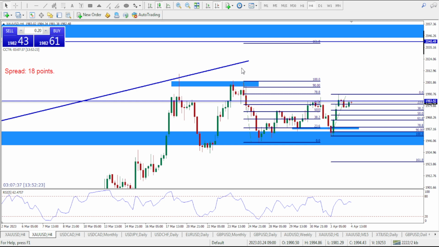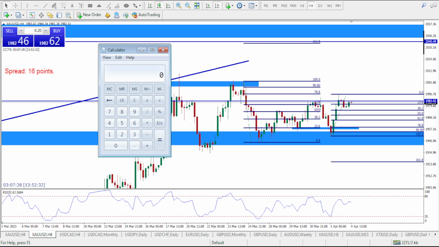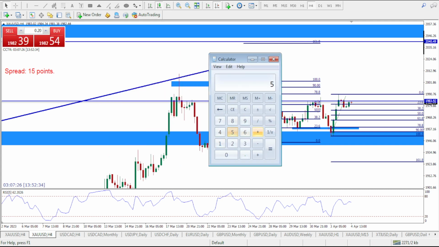So with a reward of 10 you can generate around how much in pips? 5 into 10, so 50.